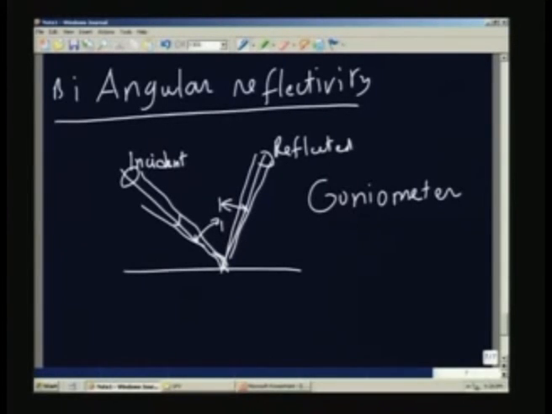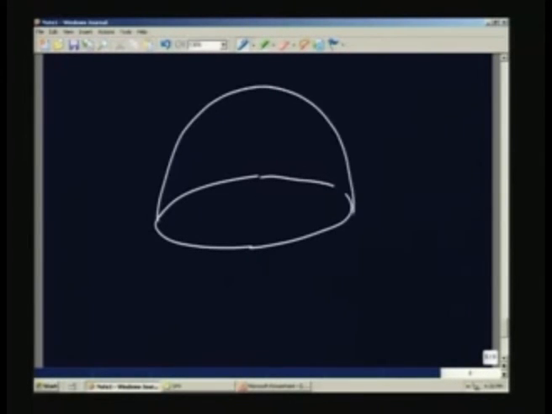So if I show that schematically, this is the hemisphere, the sample is here, this is the normal, it can come from this direction on the sphere, and it can go out in this direction.